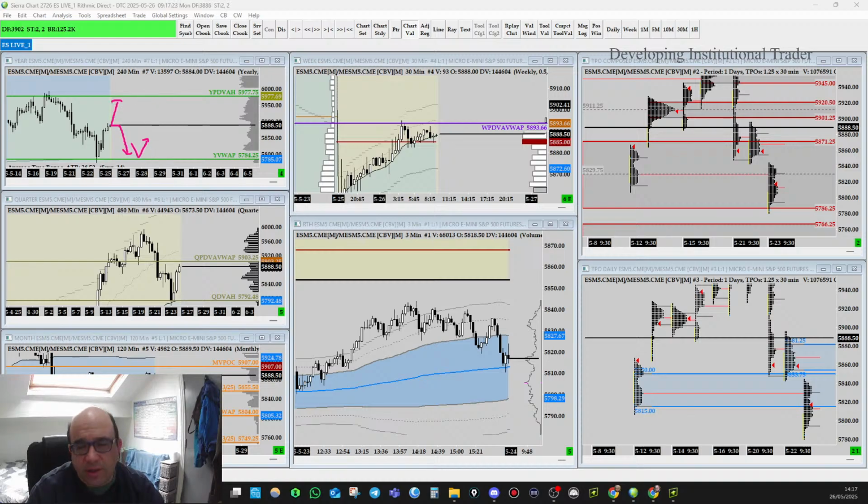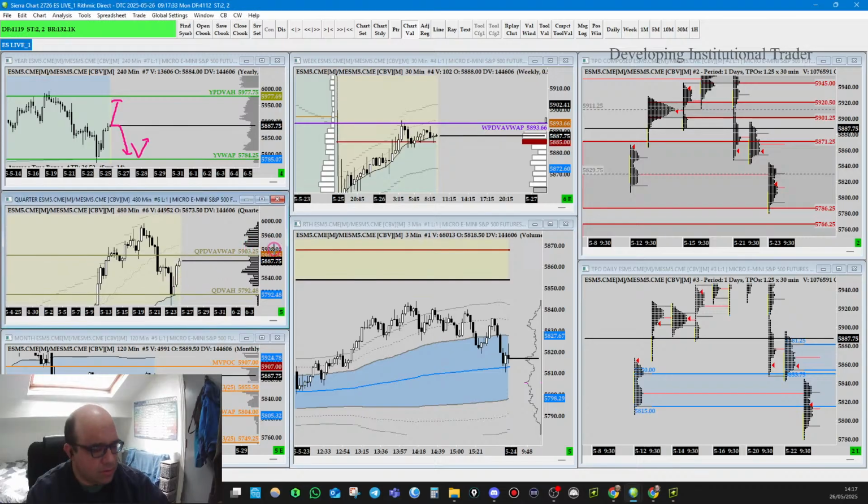We have the quarterly. It went up to a point, was at the extremes, reversed, probably buyers took some profits there. The price reverted to the quarterly DVA high we see here.